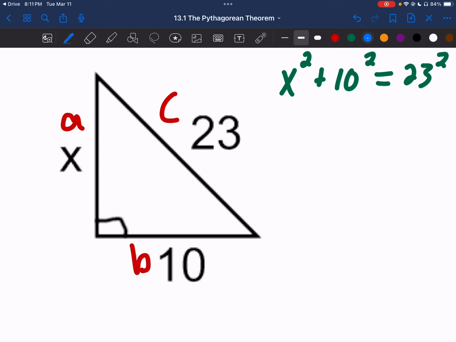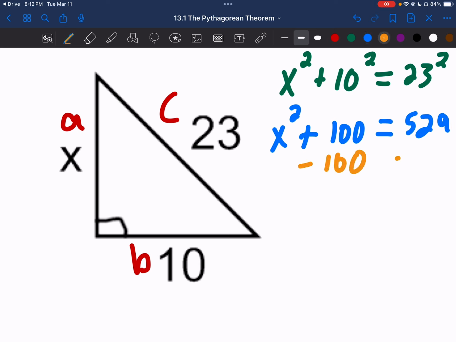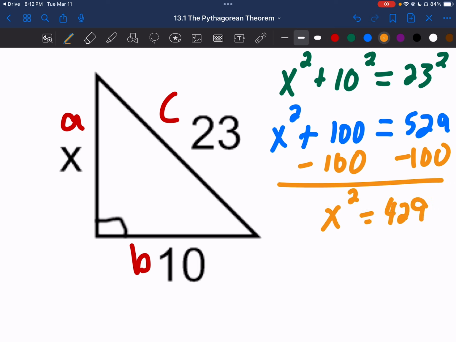So x squared is still x squared, 10 squared is 100, and 23 squared is going to be 529. We're going to subtract 100 from both sides. We get x squared equals 429, and then we're going to square root 429, and we are going to get that x is equal to 20.71 approximately.